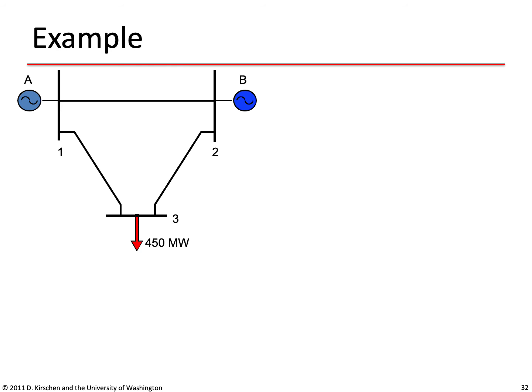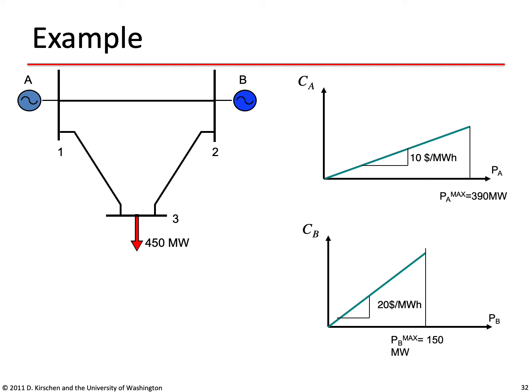So here's our example. We have a generator A connected at bus 1, a generator B connected at bus 2, and a load connected at bus 3. We are given the cost characteristics for these two generators. Generator A has a marginal cost of $10 per megawatt hour. We are assuming a linear cost curve. And the maximum output of generator A is 390 megawatts.